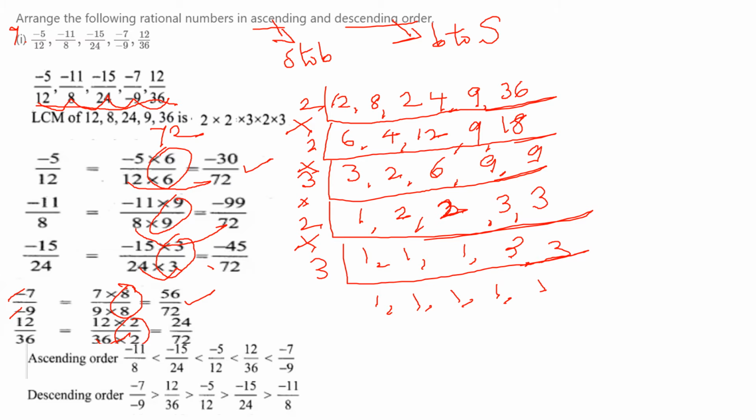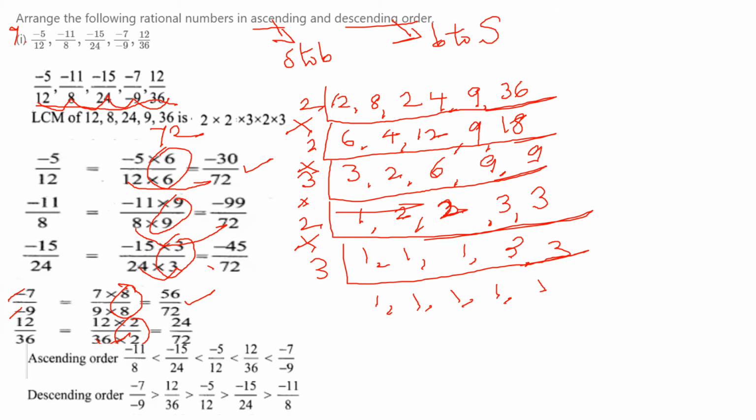So here our numbers: minus 30 by 72, minus 99 by 72, minus 45 by 72, 56 by 72 and 24 by 72. So here, first ascending order means what do you write? Ascending order, small to big. So here which number is very small?